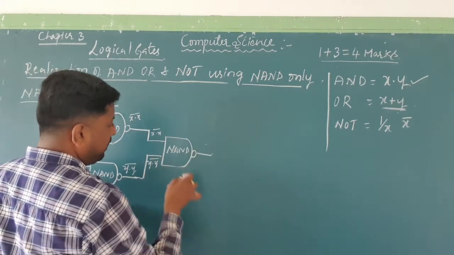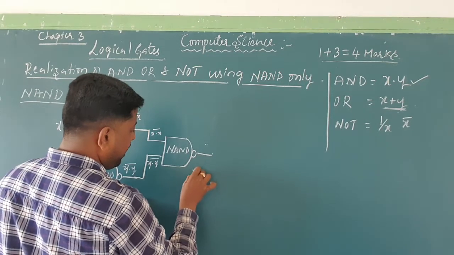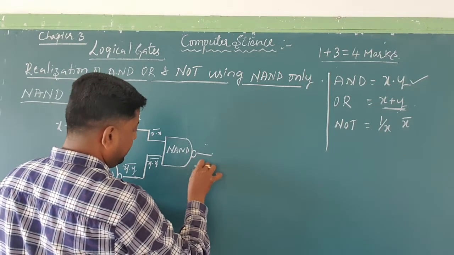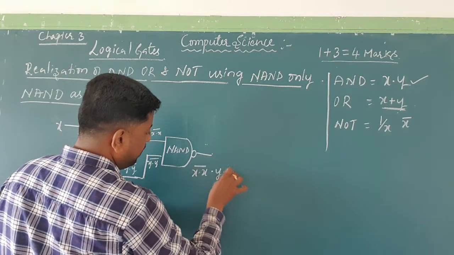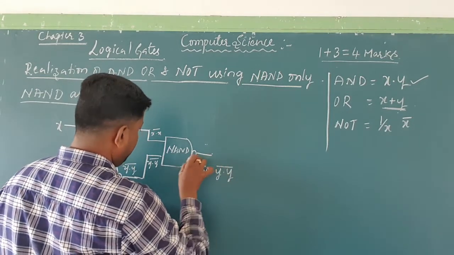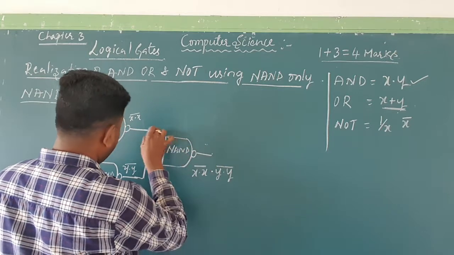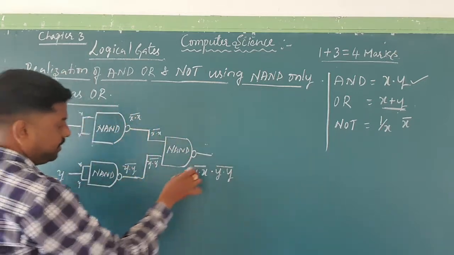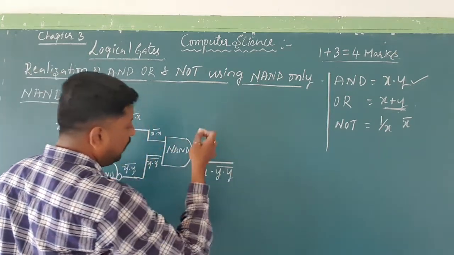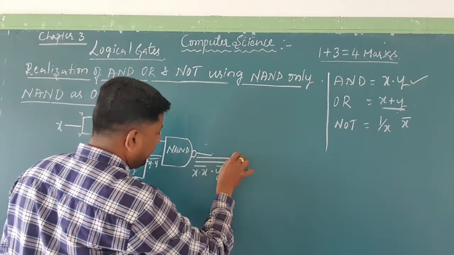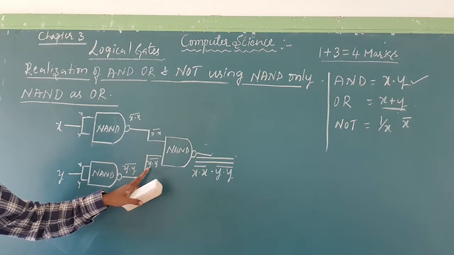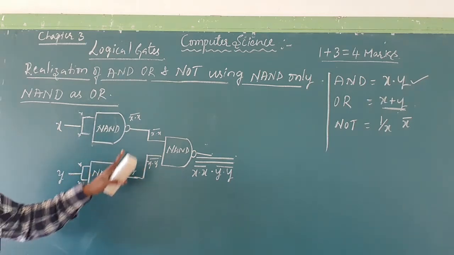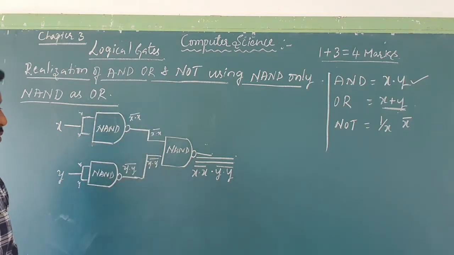Then what will be the result? That is x into x single bar into y single bar, and then the complemented result, whole double bar, right? Complemented output. So that is the x into x whole bar and y into y whole bar, complemented.